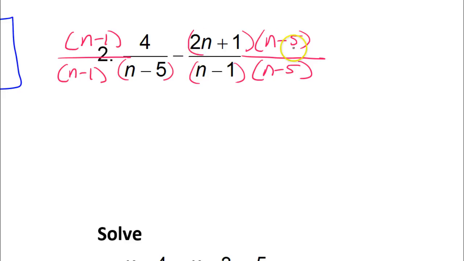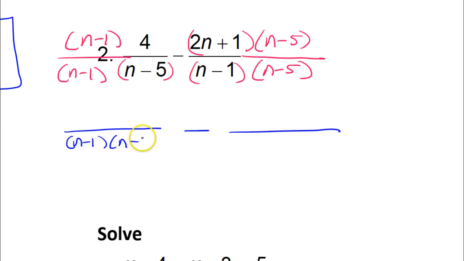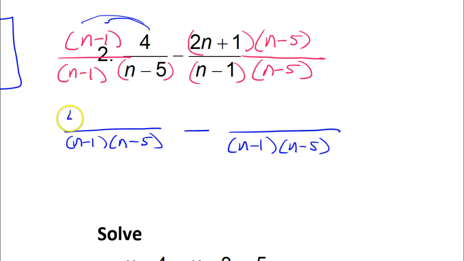Now, because I have all these parentheses up here, I can't distribute the negative sign yet. So I will multiply all this out, and then I will distribute the negative sign. Distributing here gives me 4n minus 4.